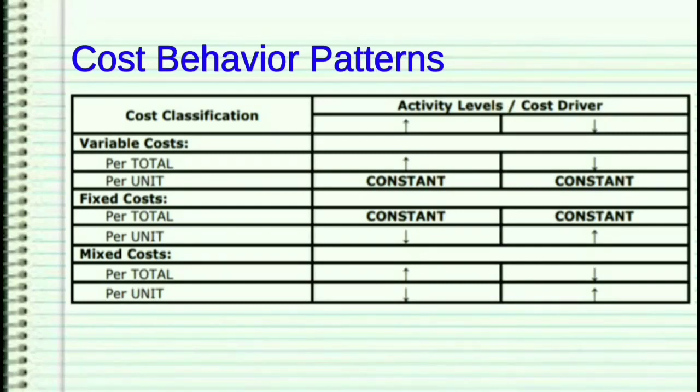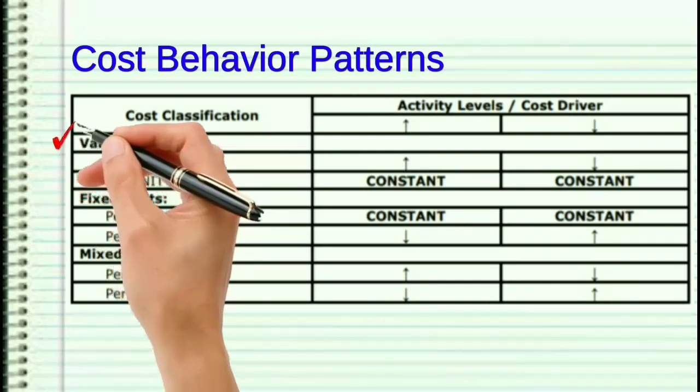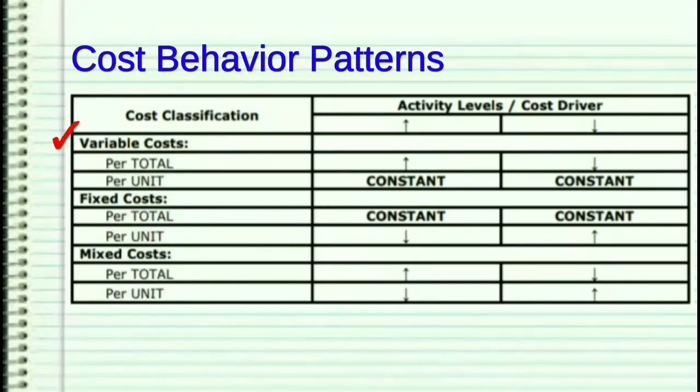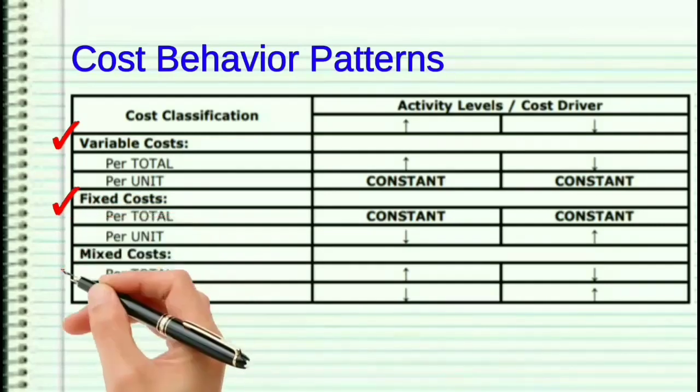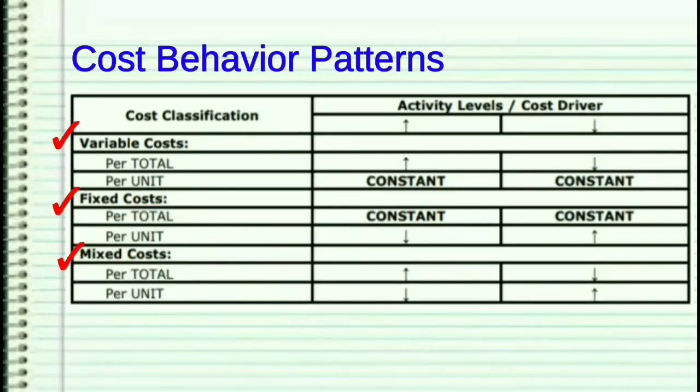Hahatiin pa natin yung column sa activity level or cost driver. Yung first column, that is for the increase in activity level or cost driver. And the second column, that is for the decrease in activity level or cost driver. Of course, under the cost classification, meron tayong tatlong costs. Yung una, variable costs. Yung pangalawa, fixed costs, at yung pangatlo, mixed costs.